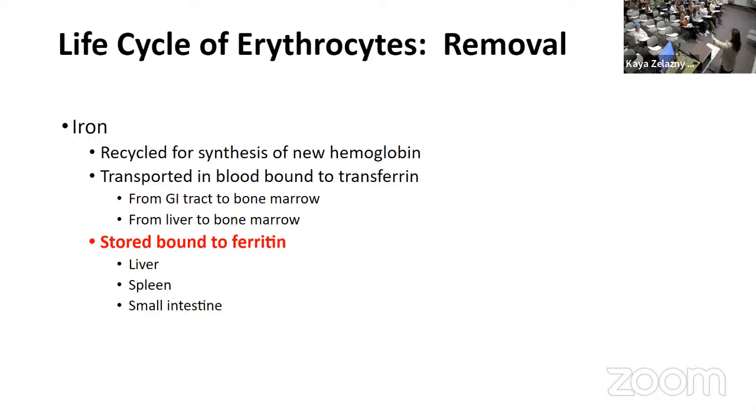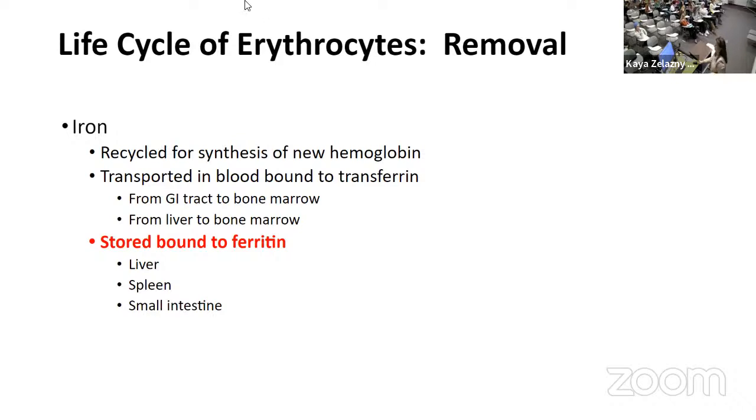So some of the iron you're transporting is from stuff you're eating, but a fair portion of that iron transporting in your blood is coming from old hemoglobin that you broke apart, and you're carrying that iron around so you can reuse it.